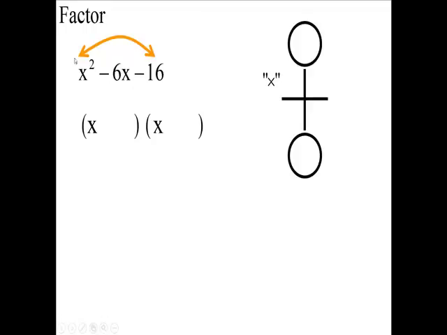I'm not writing it, but there's a 1 times minus 16. So I want the factors of negative 16. It's called AC factoring here when you get the negative 16. And this number right here, well, that's going to be my sum. Okay? So the product of my factors is going to be negative 16. The sum of them is going to be this number here with a squiggly line underneath it. That negative 6 goes here.